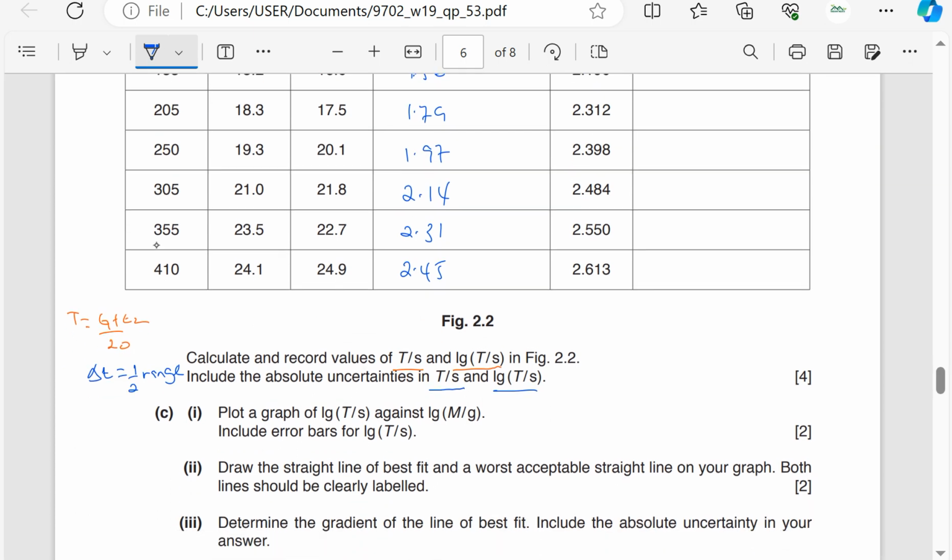Then the absolute uncertainty in capital T will be the range divided by 20, because half of the range is again divided by 10. So it is the range divided by 20.